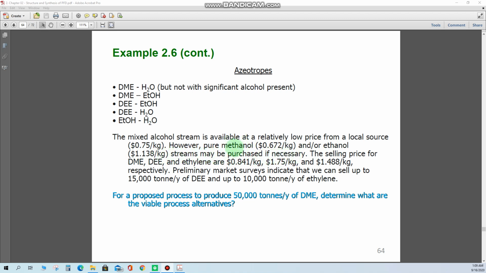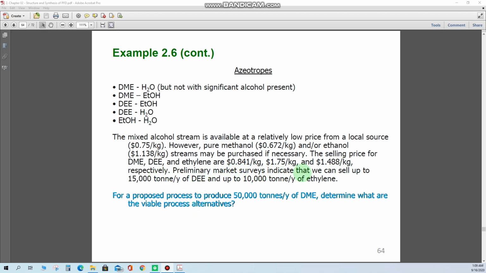So the cost of pure methanol and ethanol is provided here. The selling prices for dimethyl ether, which is the required component, diethyl ether and ethylene are $0.841 per kg, $1.75 per kg, and $1.48 per kg respectively.